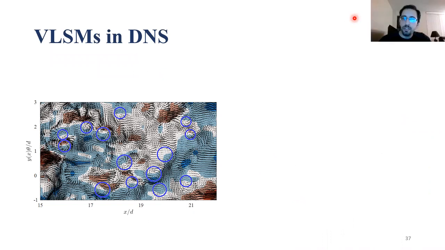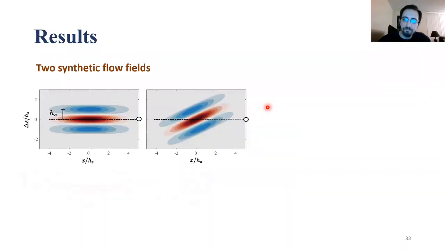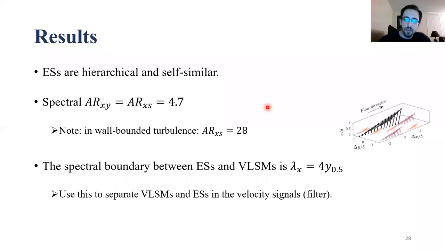Oh, okay. So first of all, these aspect ratio values are just some empirical values from the experiments. The aspect ratio is related to the ratio between the streamwise length to the spanwise length of an eddy. When the aspect ratio is large, it means we have a very long, elongated structure.